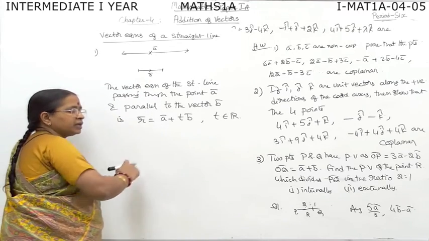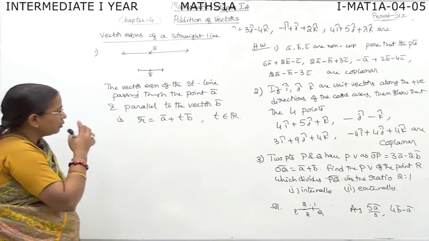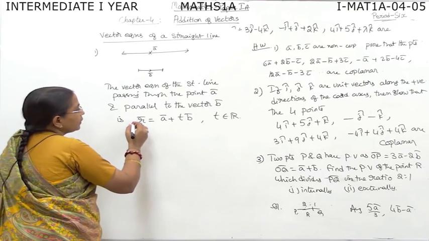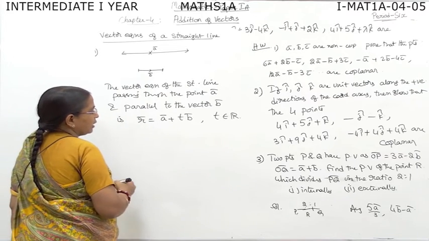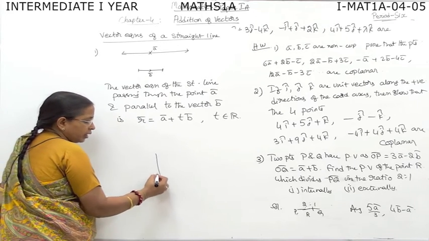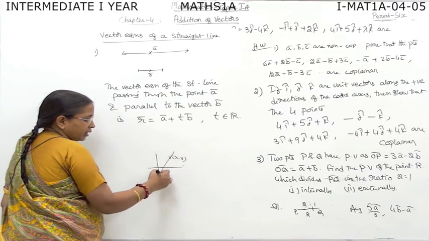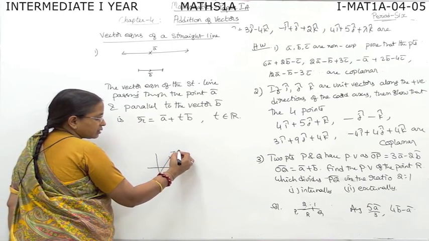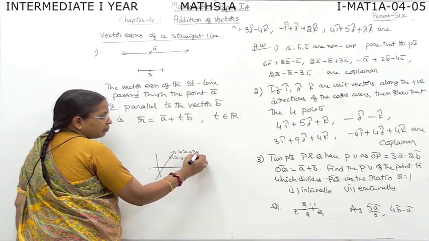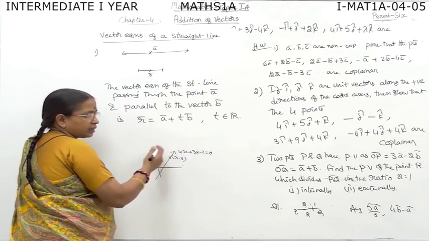Here b is a vector, a is a point, and r is the variable vector. Suppose in the coordinate plane you have to write the equation of a straight line. You will write the equation as something like 4x + 3y - 2 = 0.